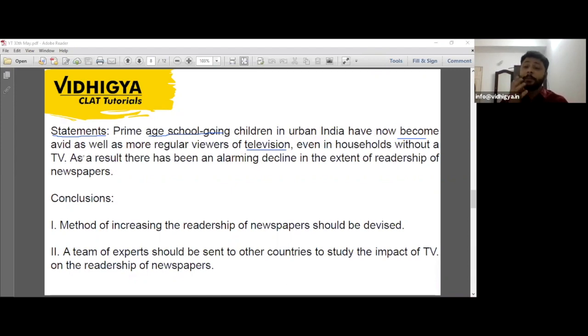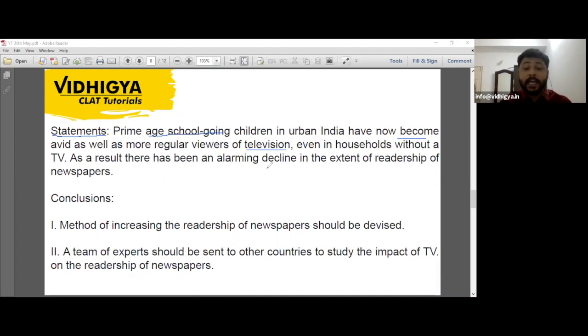So हो क्या रहा है? The prime age school going children in urban areas have now become avid as well as more regular viewers of television. So this is an observation that is given there कि अर्बन एरियाज में ये हुआ है स्पेसिफिकली कि बच्चे टेलीविजन ज्यादा देखने लगे हैं. ओके, even in households without a TV, जहां पर टीवी नहीं है वहां पर भी हो रहा है ये.